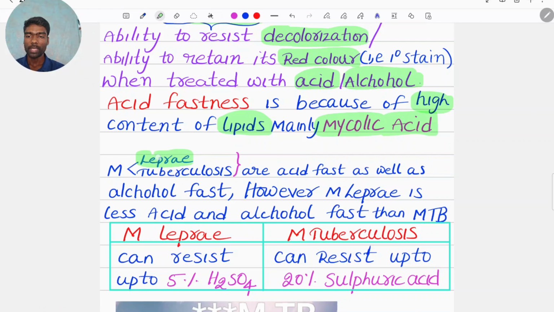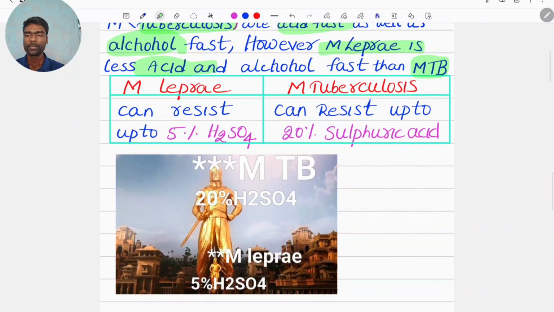Both M. leprae and tuberculosis are acid fast as well as alcohol fast. However, M. leprae is less acid fast or alcohol fast than Mycobacterium tuberculosis. M. leprae can resist decolorization with acid of up to 5% H2SO4, whereas M. tuberculosis can resist up to 20% sulfuric acid.